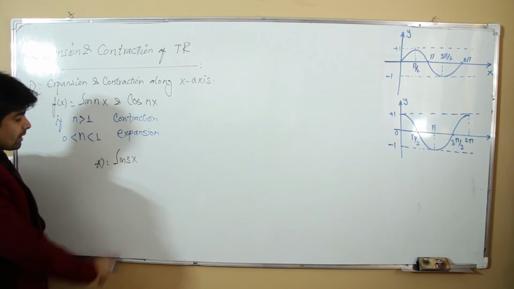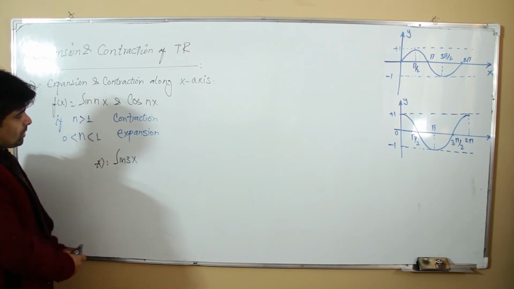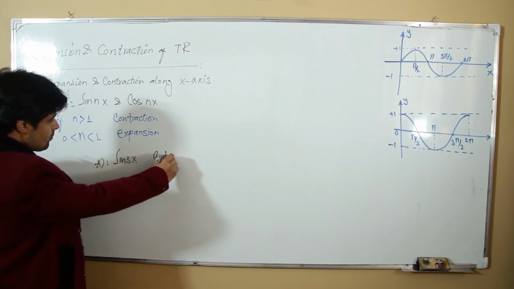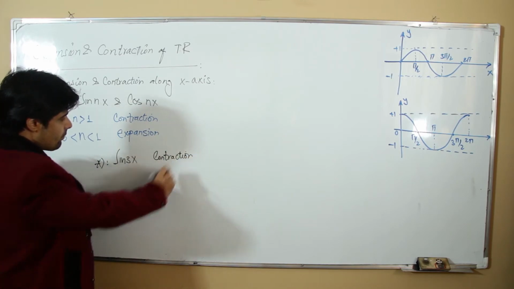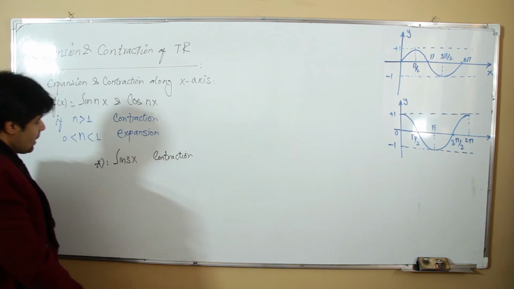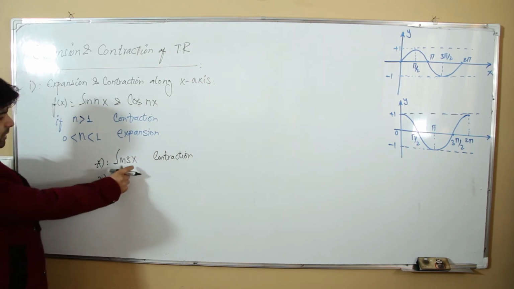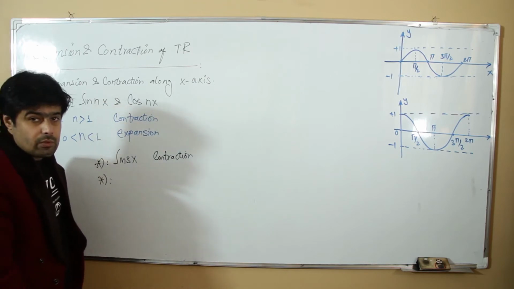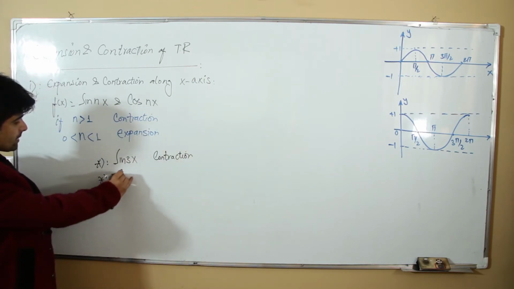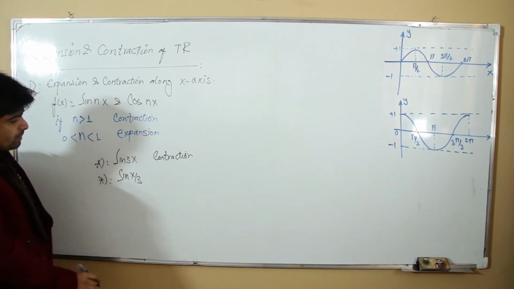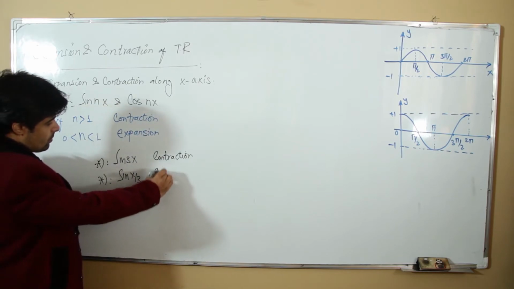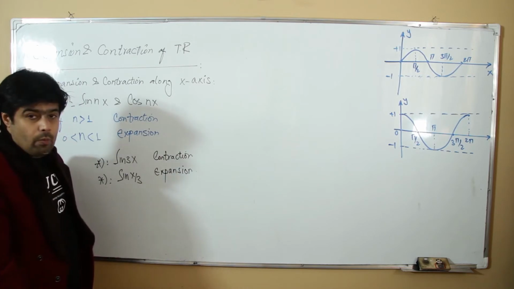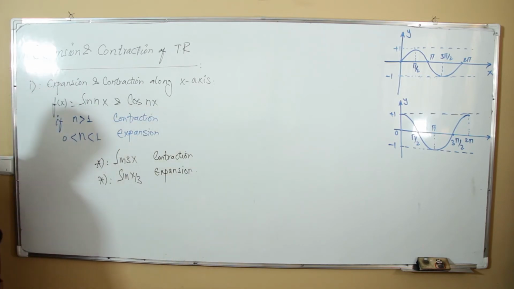Now, what do you think? 3 is greater than 1, so it will talk about what? Contraction of the graph of the sine. It means sine 3x is the contraction of sine 3x with respect to sine x. And if I say sine x divided by 3, this one will talk about expansion.